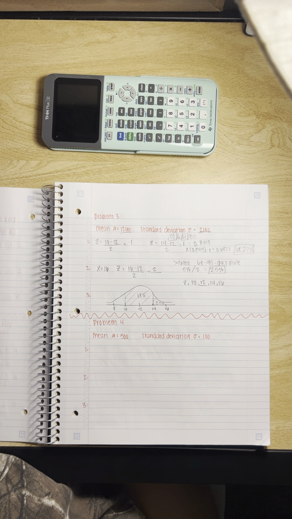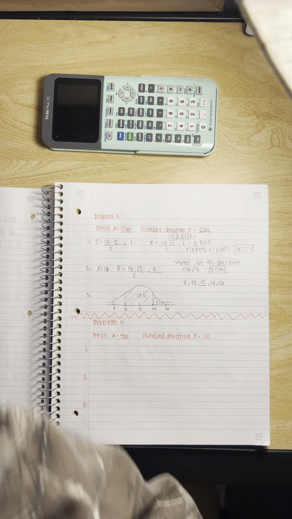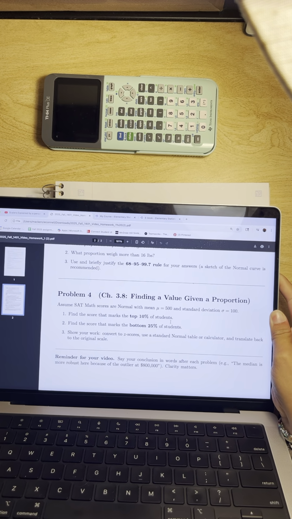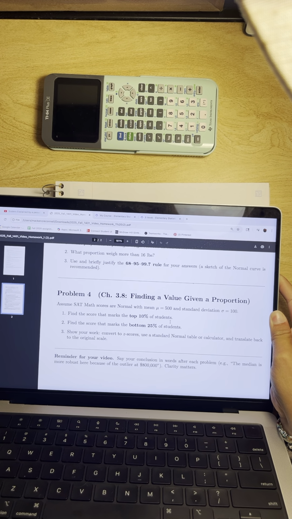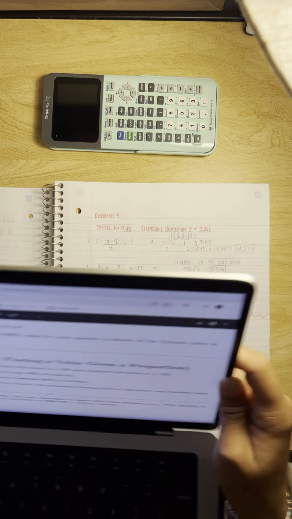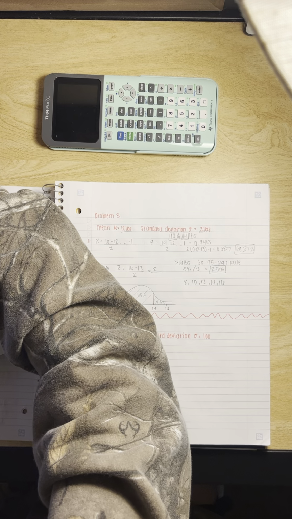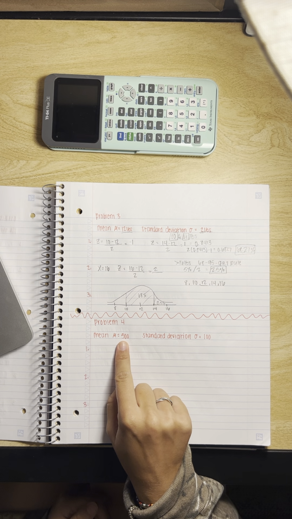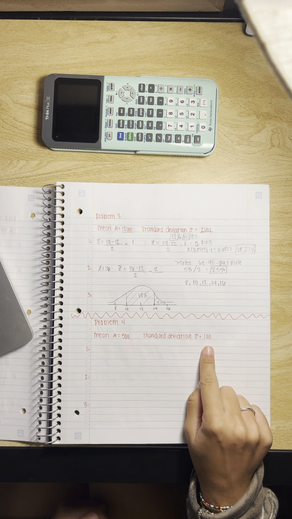On to problem 4. Problem 4: assume SAT math scores are normal with a mean of 500 and a standard deviation of 100.